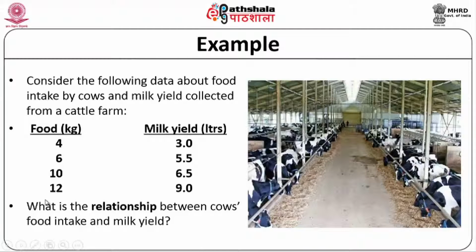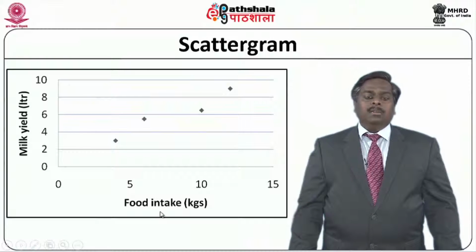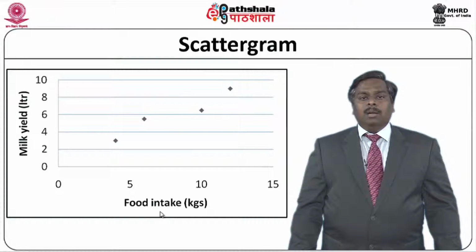What we are trying to identify here is whether there is any relationship between the food intake by the cow and the corresponding milk yield. We are trying to establish a relationship, which we assume to be linear, between these two variables, food intake and milk yield. Now, how can we proceed? Before proceeding, we should understand by plotting this data using a scattergram.